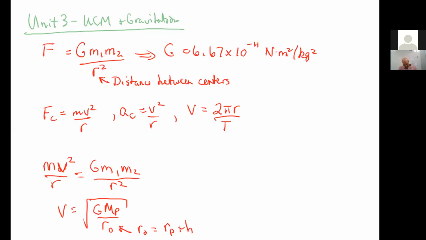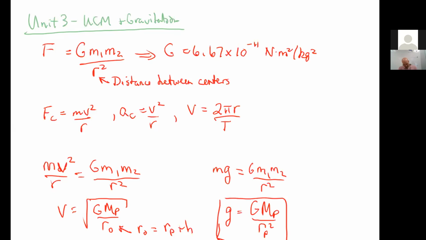Okay, and then we also set mg equal to G m1 m2 over r squared to get an equation for the speed in orbit. Right.